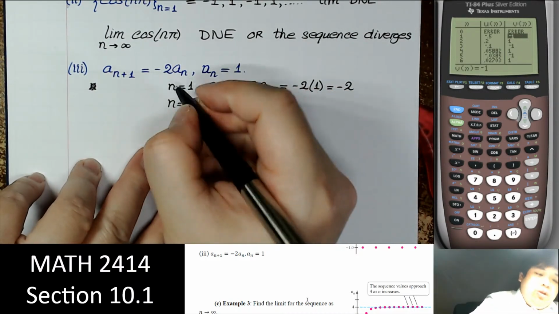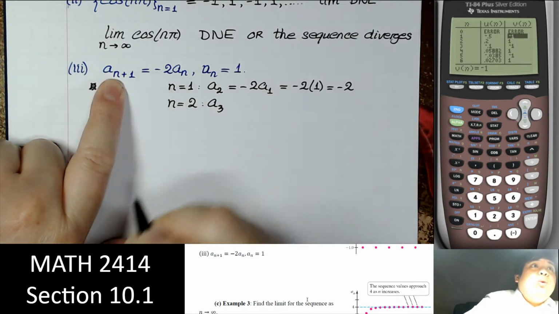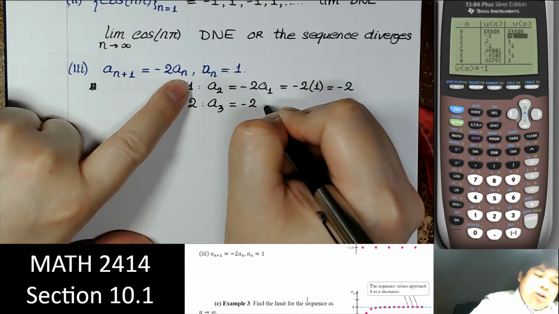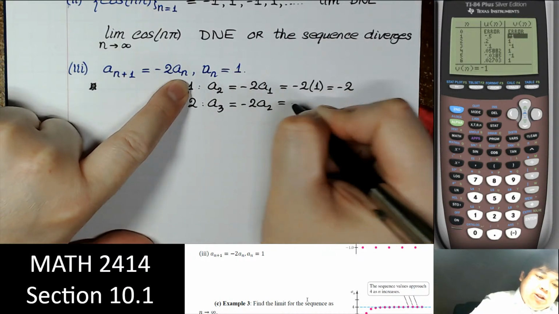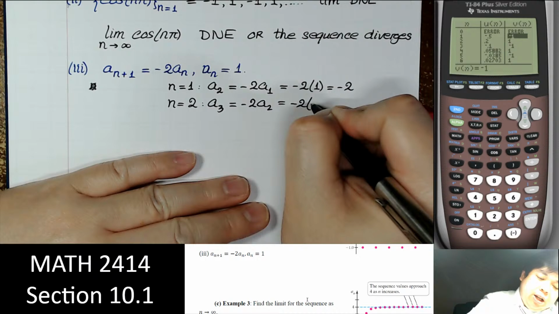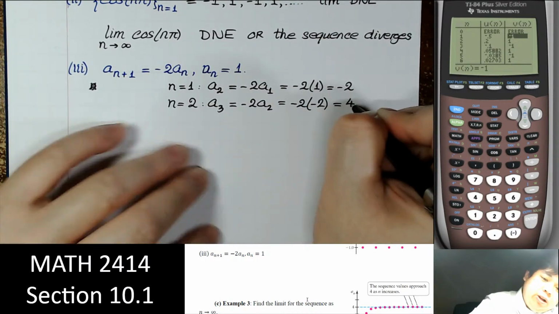N equal to 2. Put 2 in here. We have a3 equal to -2 a2. So -2 times -2 is 4.